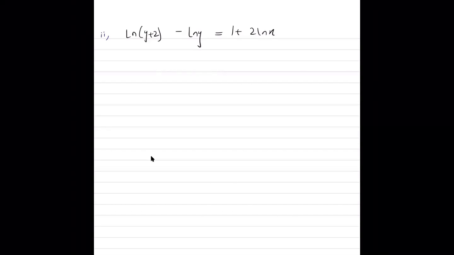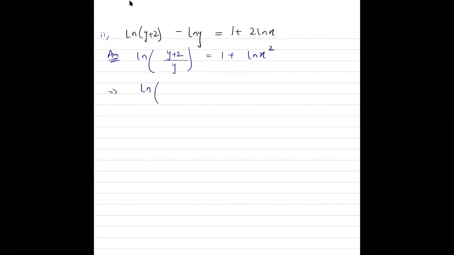So I'm not sure what to do about the right side. Okay, the first step that I could think of is to simplify the left hand side, and I can write 2 ln x as ln x square.